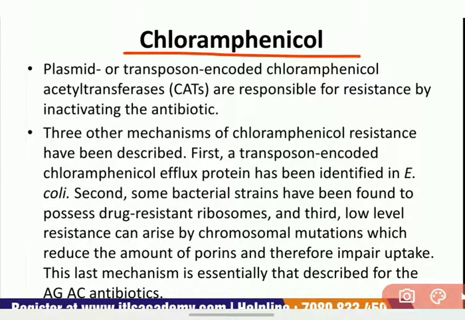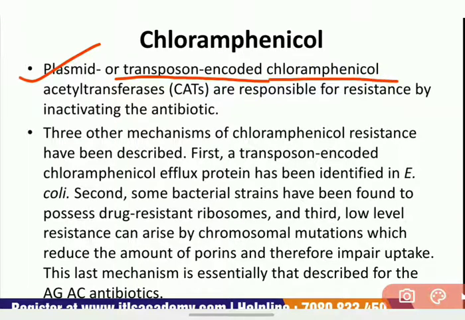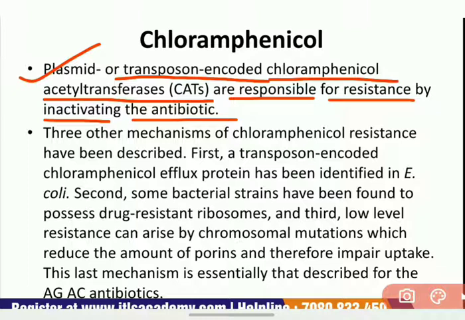Chloramphenicol. Plasmid or transposon encoded chloramphenicol acetyltransferases, that is CATs, are responsible for resistance by inactivating the antibiotic.